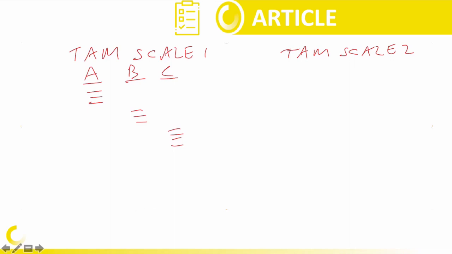Then this term scale has 3 different constructs here. This one, 4 questions loading on D. This one, 4 questions loading on F and 4 questions loading on E. So what you can do is, if A, B and C are different constructs of the term scale here, you can use it in your questionnaire, and if this is another construct, this D is not the same as A, B and C, you can use it together with these ones.